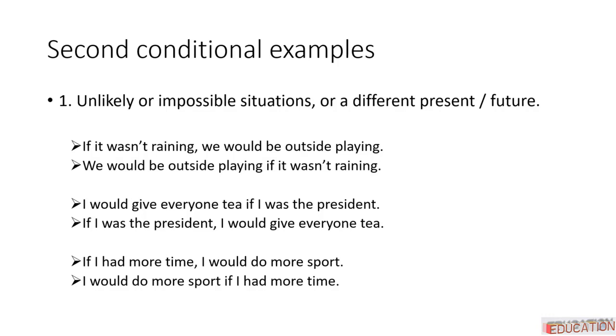Well, I'm not president, and the chances of me being president are very unlikely to zero, and that's why everybody's not being given tea. And the last one in this group, if I had more time, I would do more sport. Well, the thing is, I don't have more time, and that's my excuse for not doing more sport.